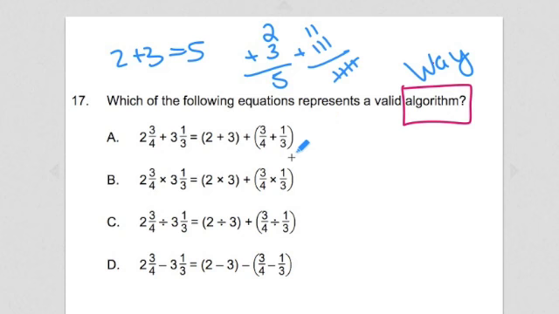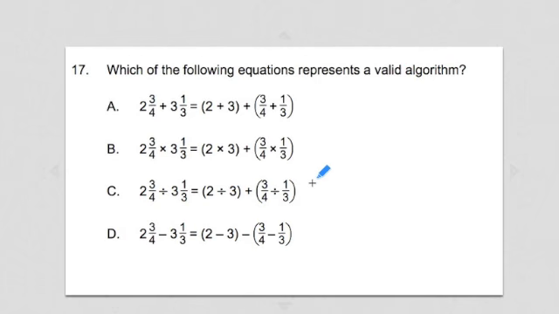Algorithm is just a fancy way of saying a way. Okay, so we've learned a little bit just by pulling apart the one-liner. Now I'm looking for the way that is accurate. So 3 of these are incorrect. One of them is correct.